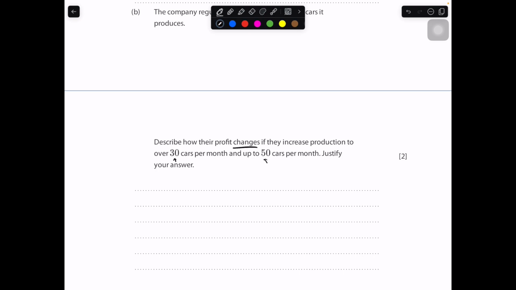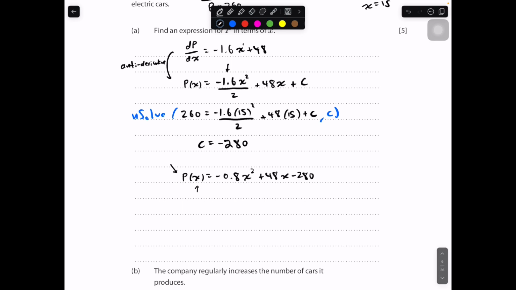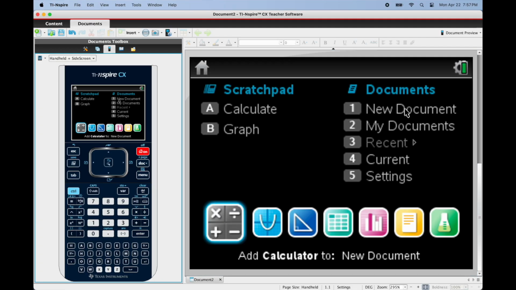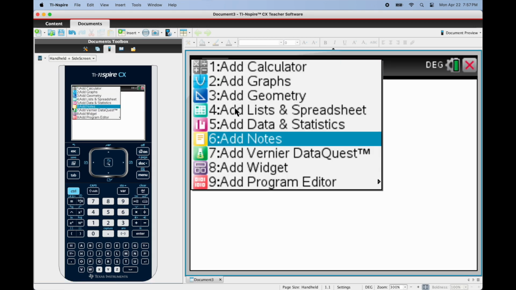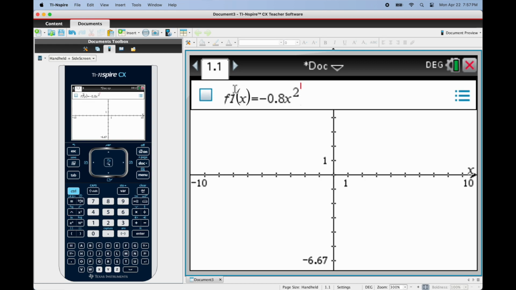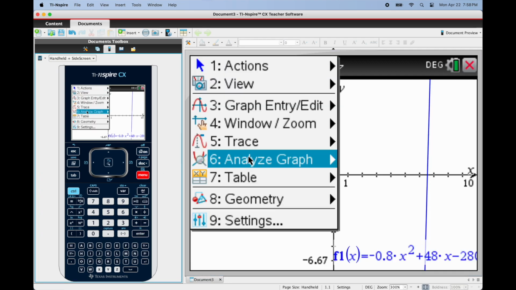So actually even better, let's just graph this function and see how the profit changes. So let's go to the calculator and graph this function: negative 0.8x squared plus 48x minus 280. Alright, let's zoom fit. Hopefully that will be enough.